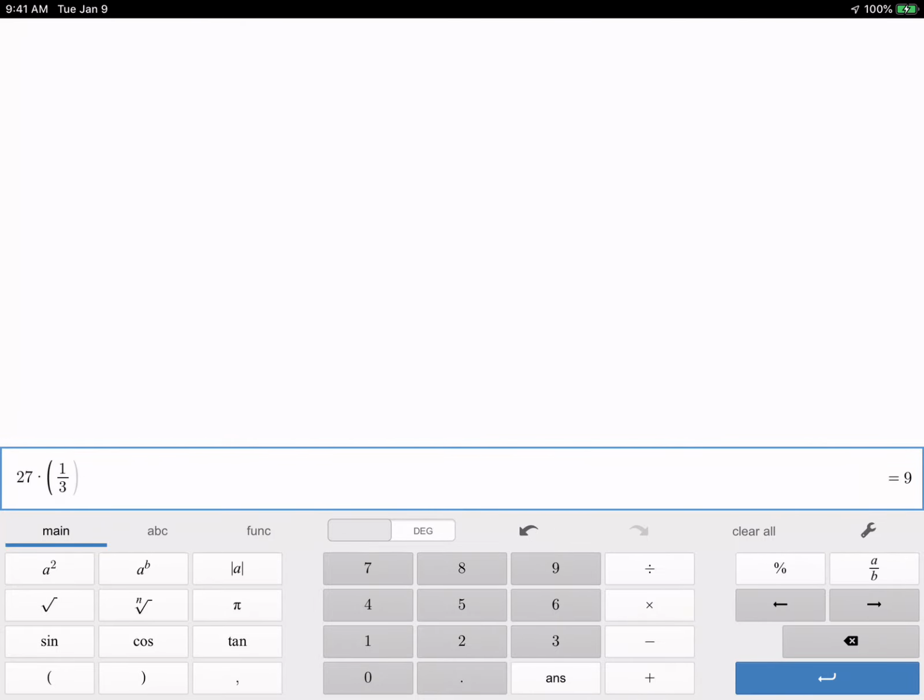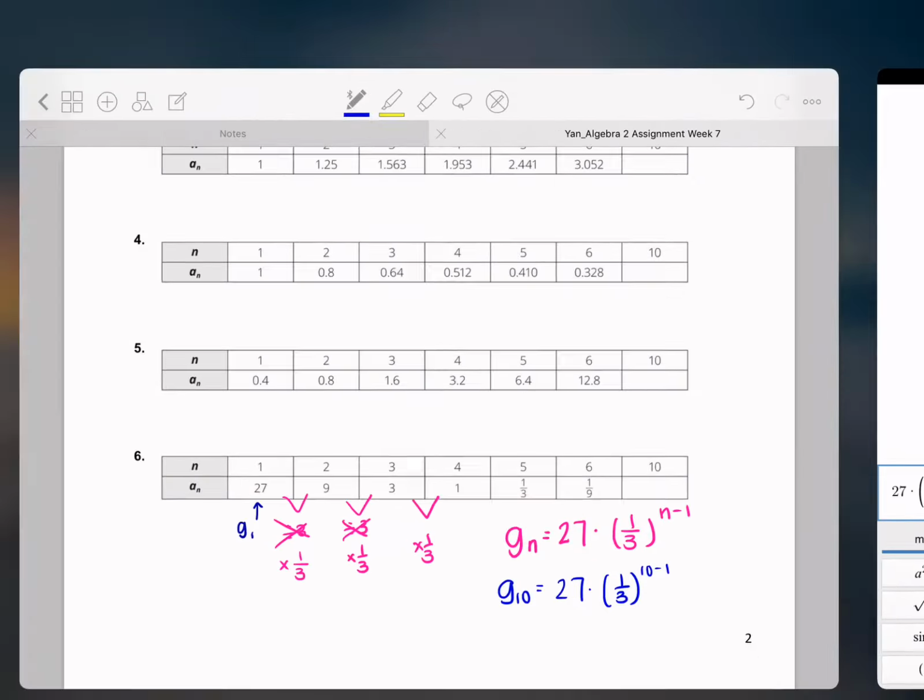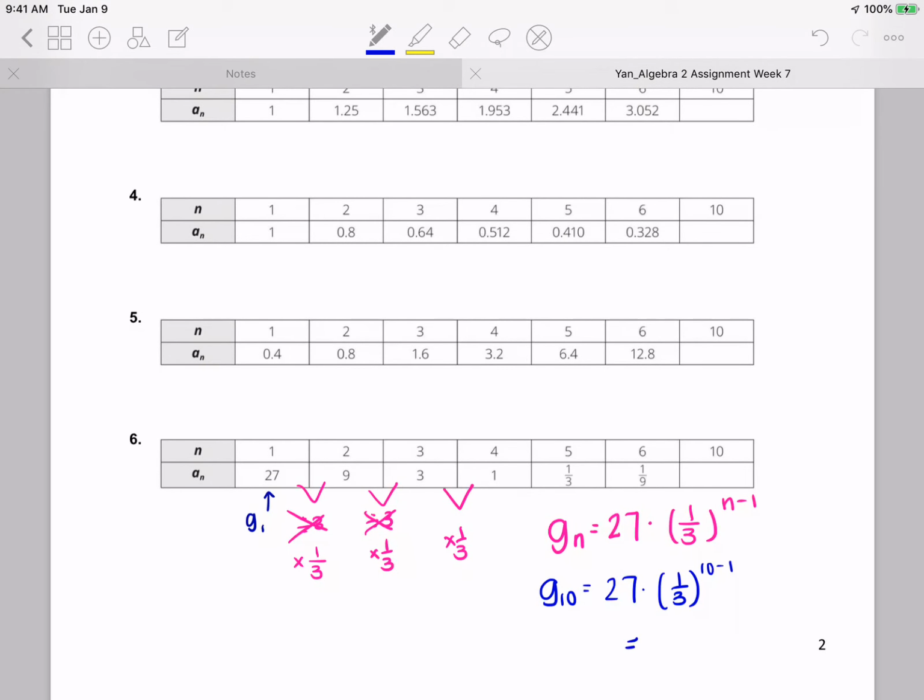And then we gotta raise it. 10 minus 1 is 9, ninth power. Okay, and this is our answer, 0.001. Because 1,000 would be 3 numbers after the decimal. So our answer here would be 0.001, approximately.